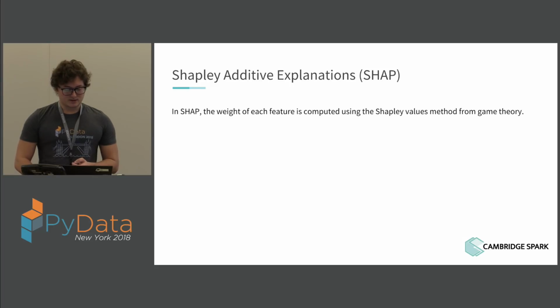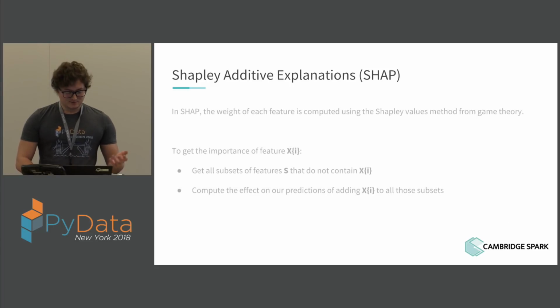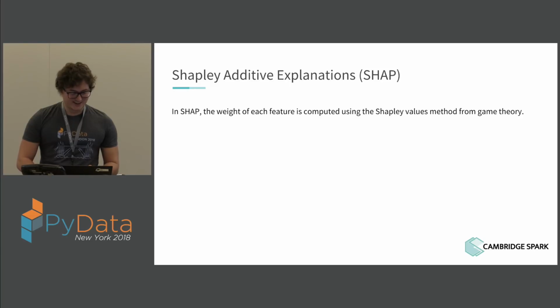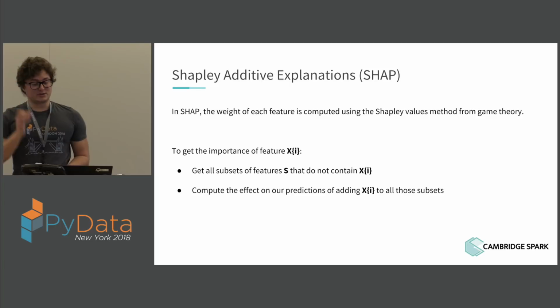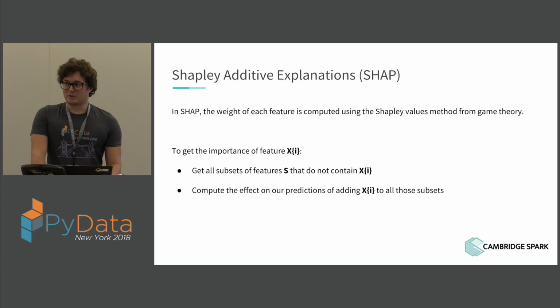SHAP is doing it by leveraging Shapley values, which is a method from game theory, and what it's doing is trying to see how a feature is impacting a decision when it's added to a subset. So it's looking, for a given feature, say xi.